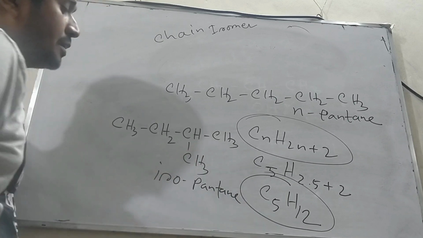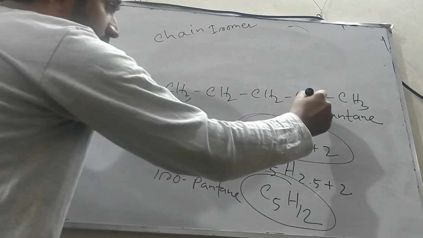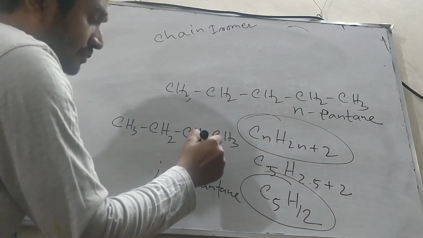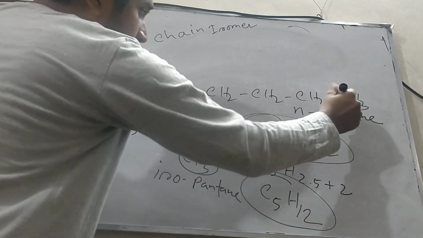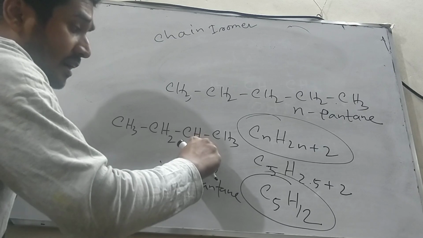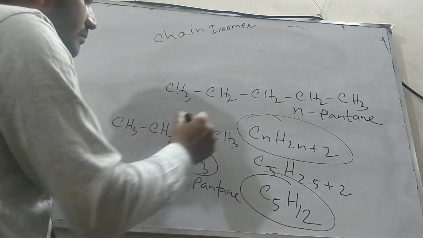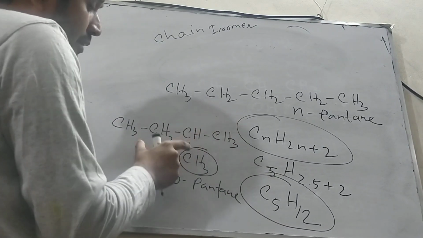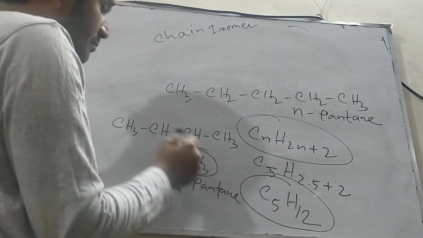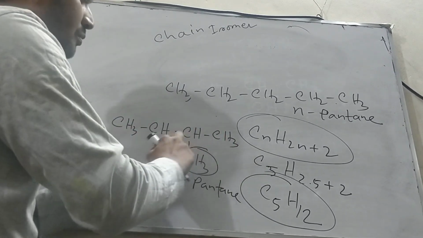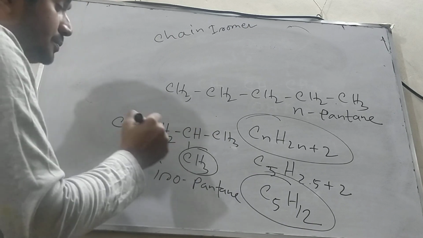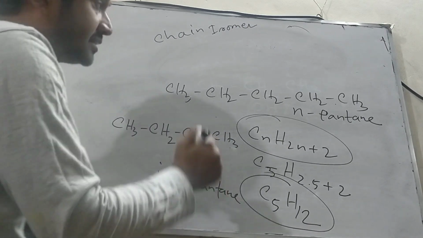Because there is a difference of just chain. It's simple, but it's not simple because it already has a branch. So you can say it isopentane, but the number of carbon is the same, the number of hydrogen is the same.